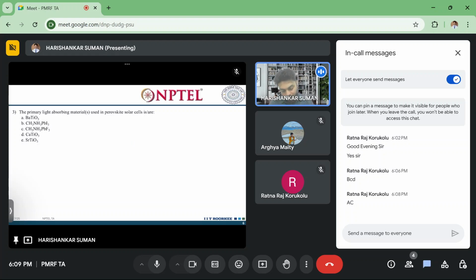The primary light absorbing material used in perovskite solar cell is a... Choose your options.